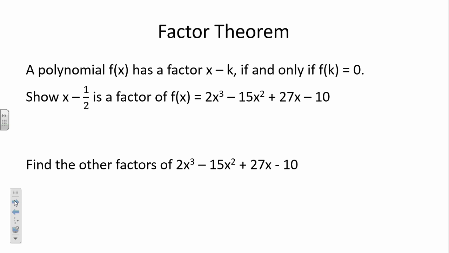If x minus 1/2 is a factor, 1/2 has to be the 0. So we could find f of 1/2 by plugging 1/2 in everywhere. Do you really want to cube 1/2 and then square 1/2 and then take 1/2 times 27? Most of us don't, unless we really love fractions. So let's synthetically divide.